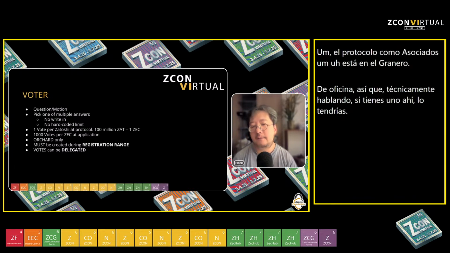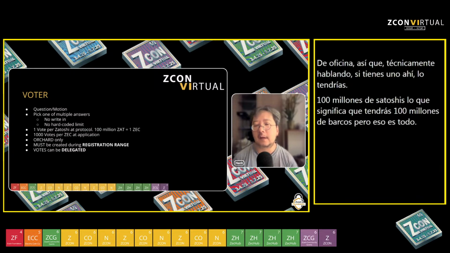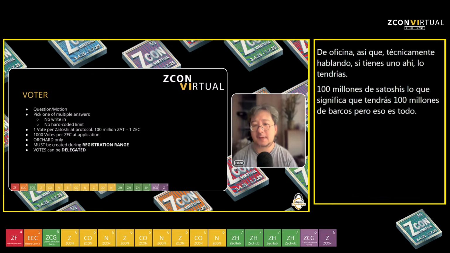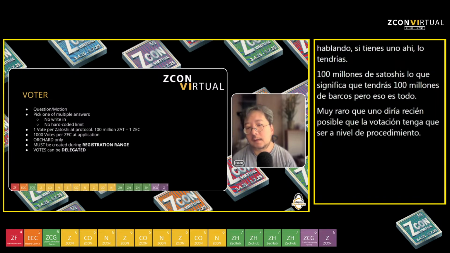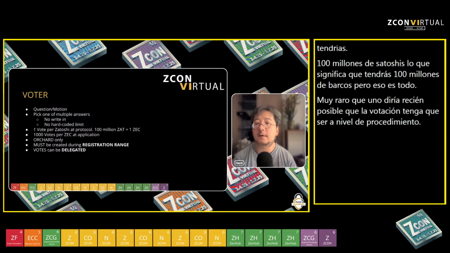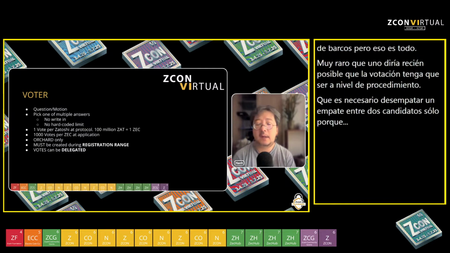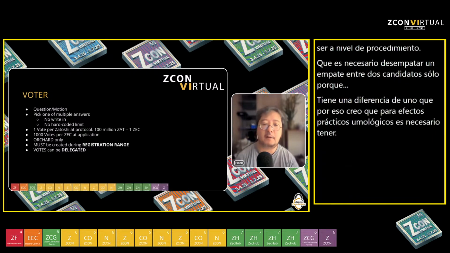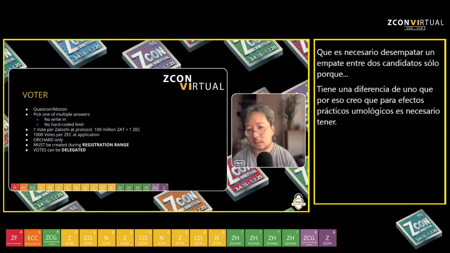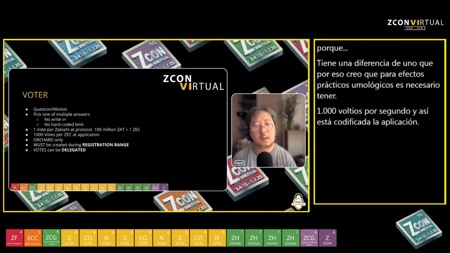But I would say it's nearly impossible that a vote has to be at that level of precision, where you would need to break a tie between two candidates just because they have a difference of one ZEC. So for practical purposes, it seems more logical to have 1,000 votes per ZEC, and that's how the application is coded. But the protocol level is at the Satoshi level.